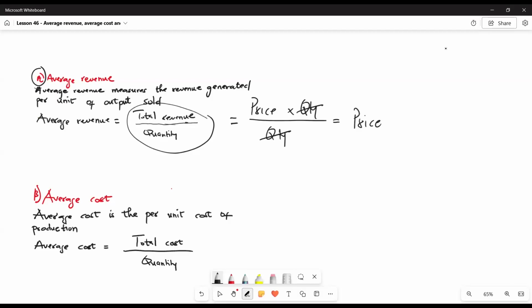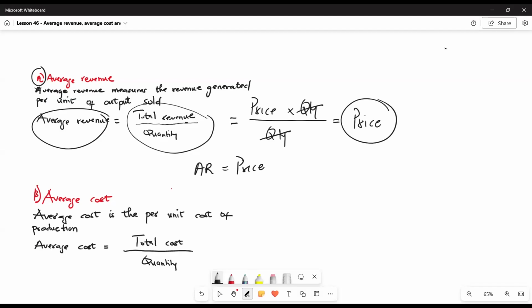So what we're saying here is if you have a business and you charge everyone the same price, then the average revenue curve simply represents the price. So if this is the case, then in calculating your profit, you can simply replace your average revenue with the price that you are charging.